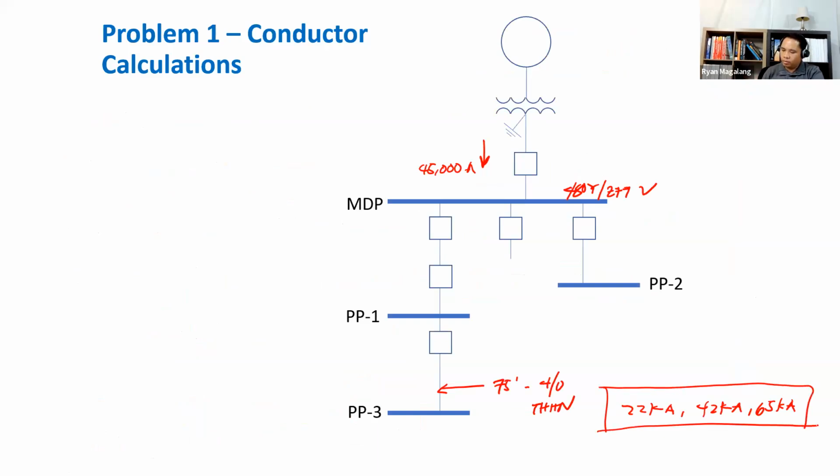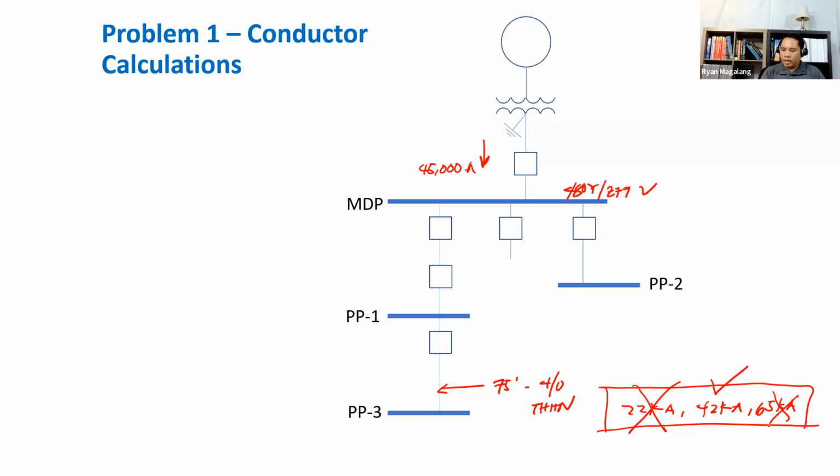You have 22 kA, 42 kA, and 65. It's obvious based on this calculation that 22 kA is not going to make it. I would say pick 42 kA. That's the next candidate. I mean, you can specify 65. Why not? It can satisfy also.